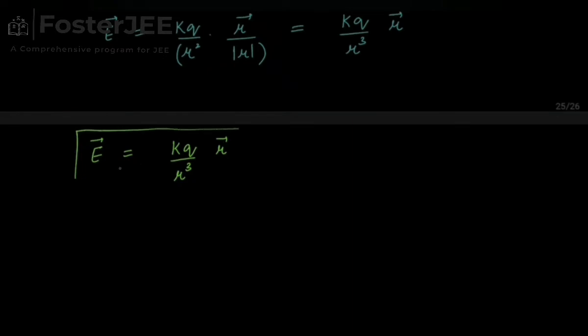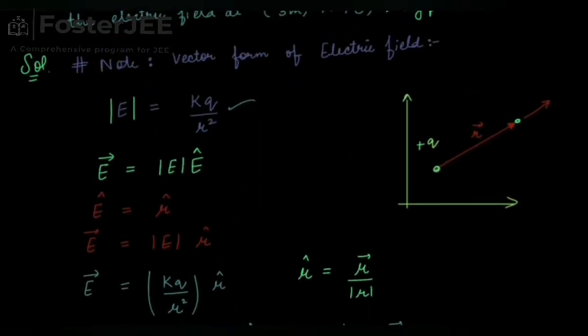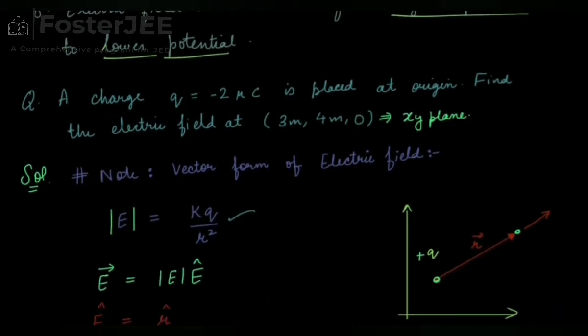Now, how will we implement this in our question? Let's see. We are given that charge is placed at origin and its magnitude is -2 microcoulomb. We have to evaluate electric field at 3, 4, 0. So let's draw it in form of diagram. This is our y-axis and this is our x-axis.